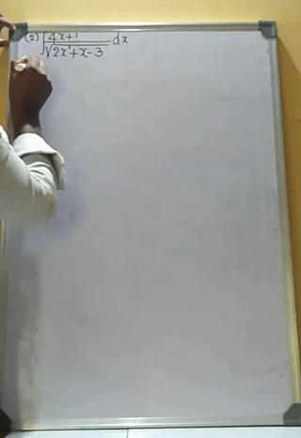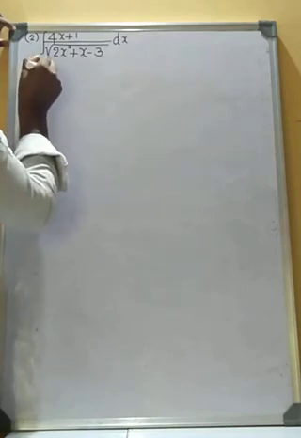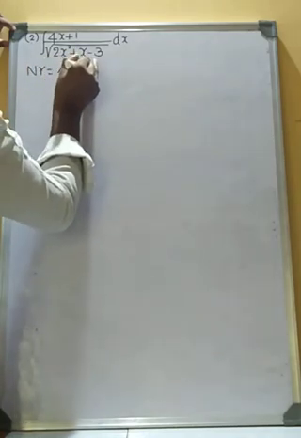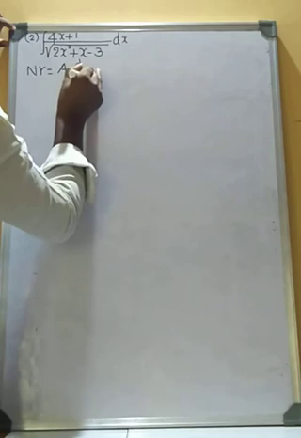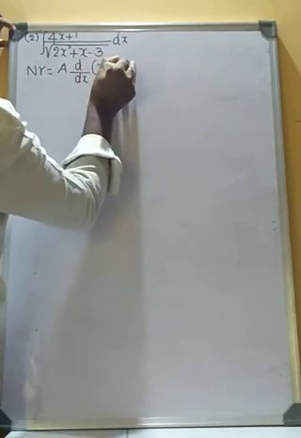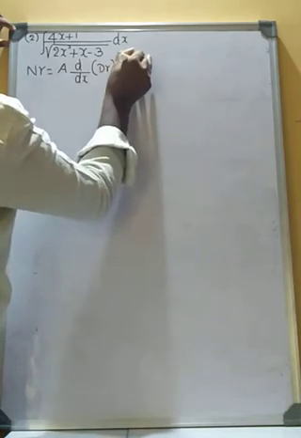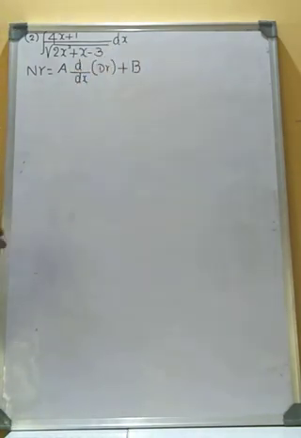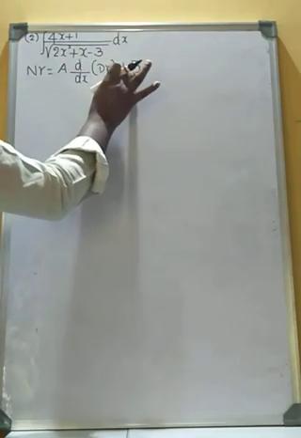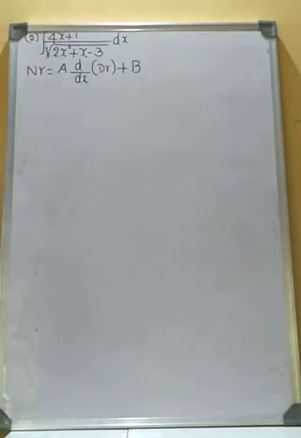Solution: the numerator equals a into d by dx of the denominator plus b. Again, one more time, here a and b are constants.